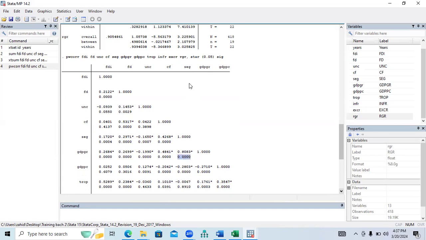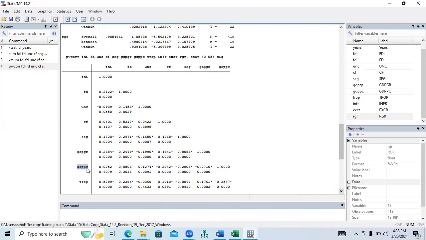I have told you the remedy for these things. In case of multicollinearity, always remember that if you are using panel data, it automatically resolves the multicollinearity issue. So we don't need to worry about this multicollinearity because we are using the panel data estimation method.